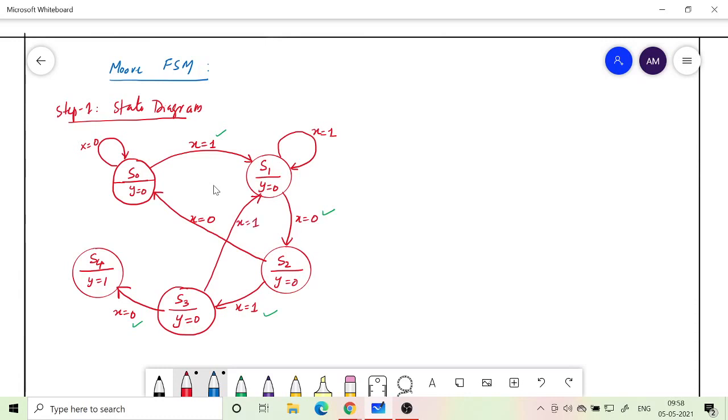2 successive ones makes me land up in S1. And now I am at S4, that is 1 0 1 0, and then if I get the next bit as 1, so that's like getting 2 successive ones.